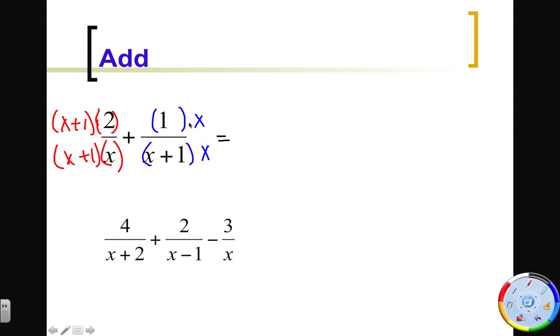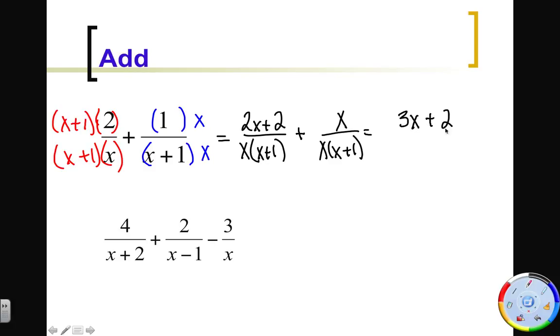So this left fraction becomes 2 times x plus 1, which is 2x plus 2 over x times x plus 1, plus x over x times x plus 1. Now I have common denominators, so now I can combine like terms. So I get 2x plus x, which is 3x, and I get my plus 2 over, if we were to distribute, x squared plus x.